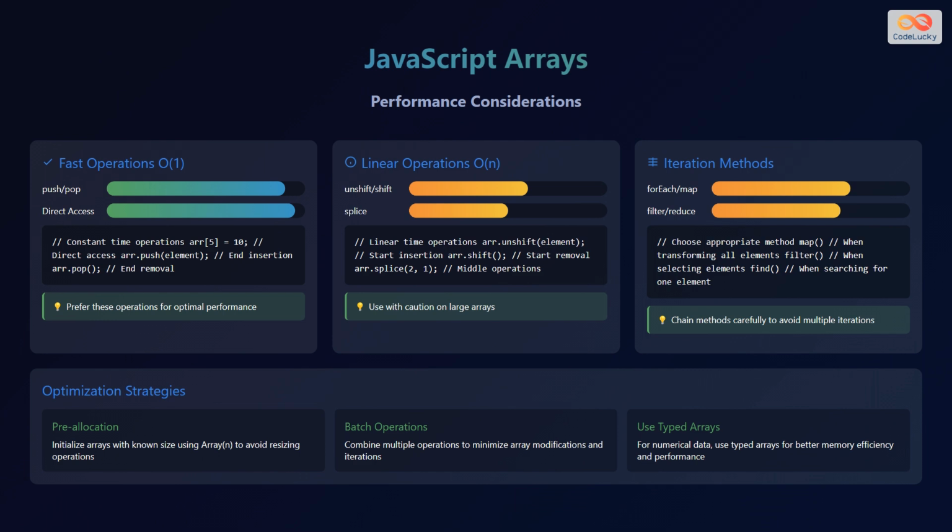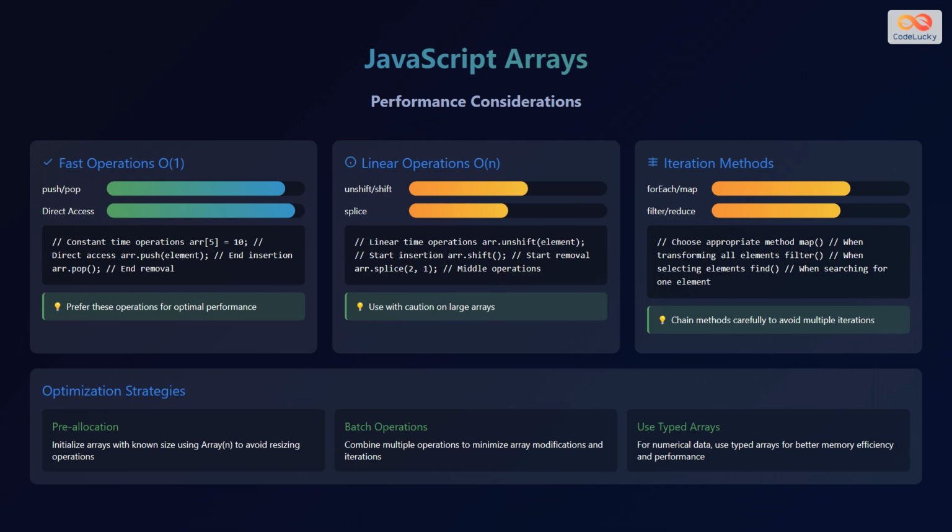Also, some of the iteration methods such as the forEach and map methods are linear operations. Therefore, use them cautiously with large arrays. Choose the appropriate method based on whether you need to transform, select, or find elements. You should chain methods carefully to avoid multiple iterations.